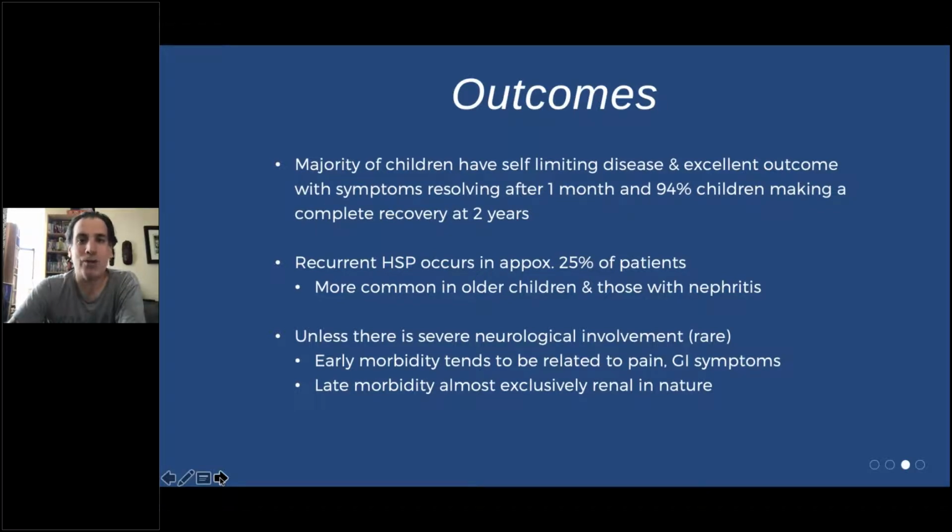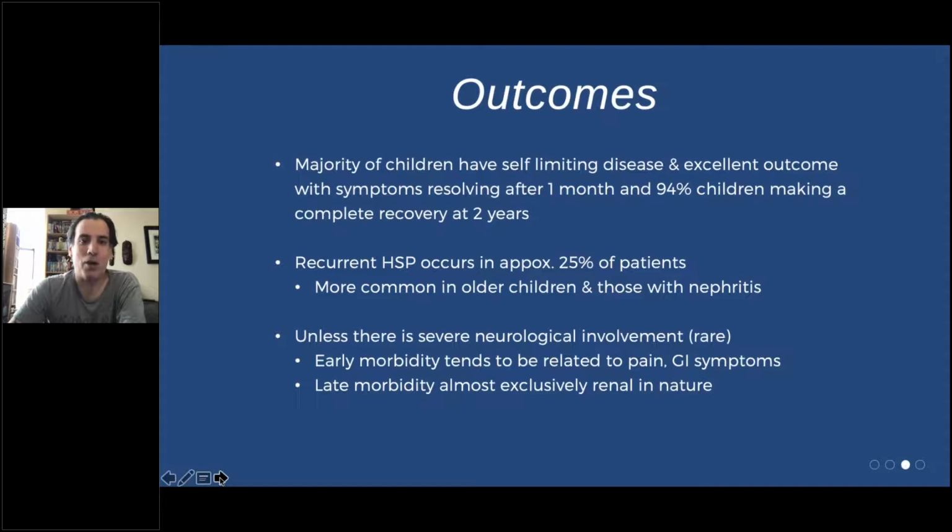So HSP will recur in roughly a quarter of the patients. It's more common in the older children and those with renal involvement, and unless there's severe neurological involvement, they do very well. Early morbidity tends to relate to pain, which is mainly joint pain and GI pain.